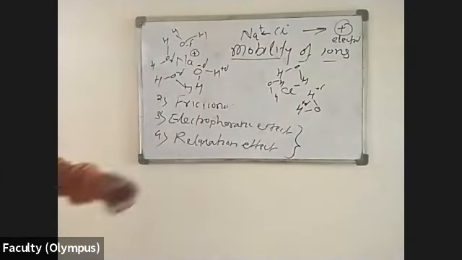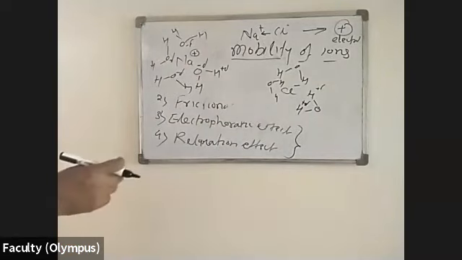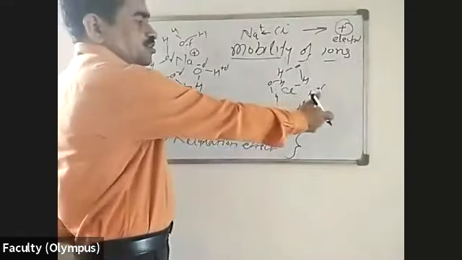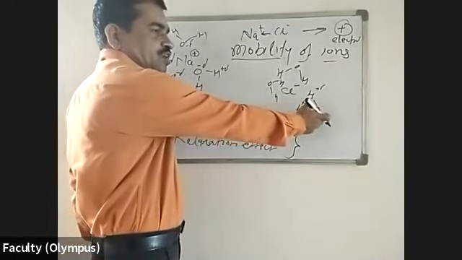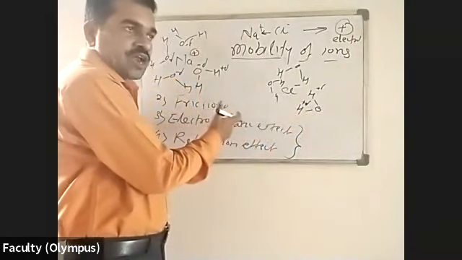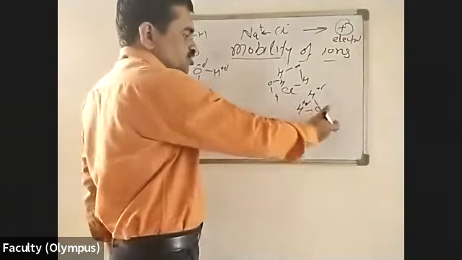Now, relaxation effect is due to the movement of ions, the movement of ionic atmosphere. For example, the negative ionic atmosphere is moving towards this side, and the positive is moving towards this side.